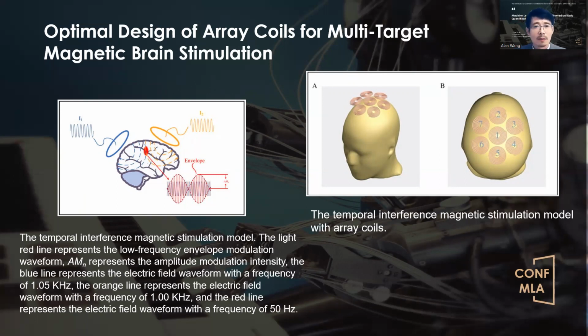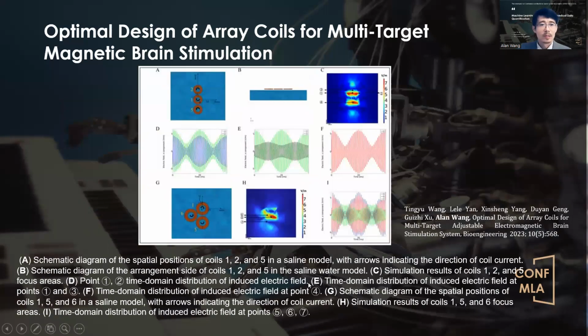So this design of a coil has the advantage of delivering multiple targets, multifocal points for brain stimulation. The basic mathematical model is based on temporal interference. Our simulation results demonstrate that it's very feasible.